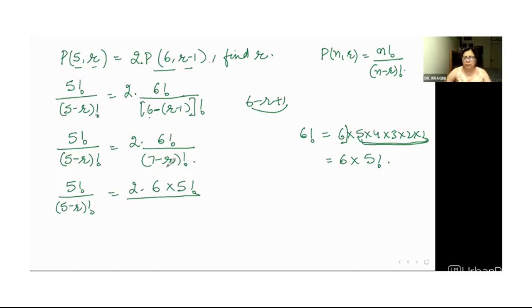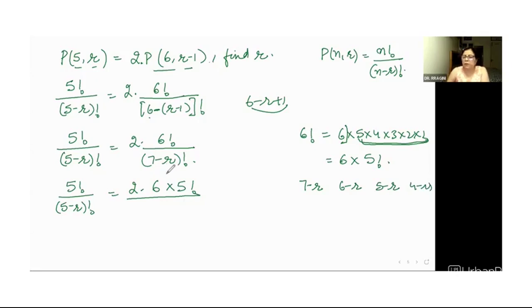Similarly, in the denominator, we have 7 minus r. Now, what is factorial? Factorial is like bigger number going towards backwards till 1. So, what is 1 less than 7 minus r? It is 6 minus r. 1 less than 6 minus r is 5 minus r. And if we keep on going this way, it is 4 minus r and so on.